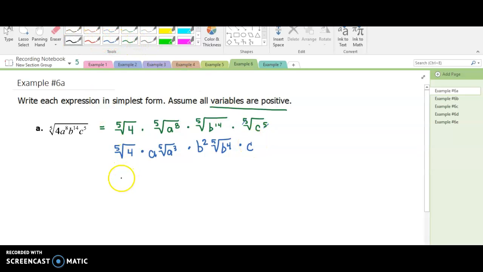Okay, so if I put these all together, I have a on the outside, I have a b squared on the outside, and I have a c on the outside, and then I have 5th root of 4a cubed b to the 4th.